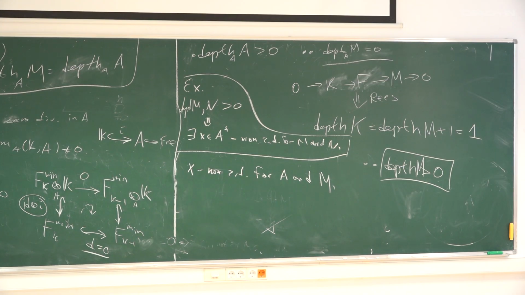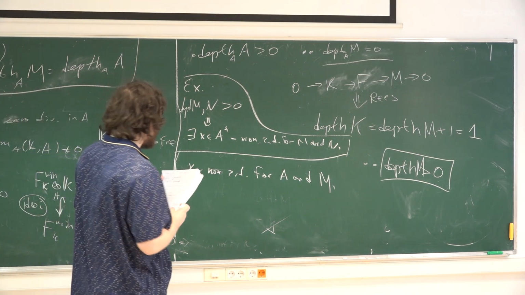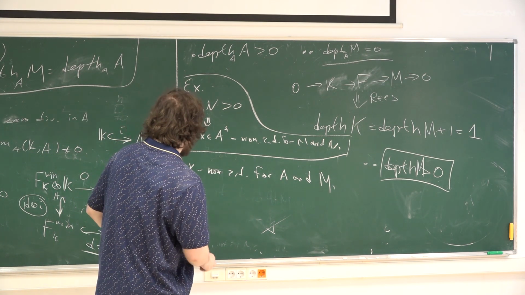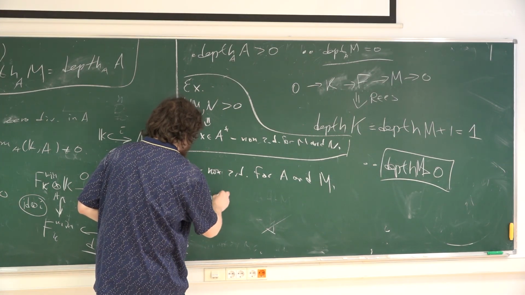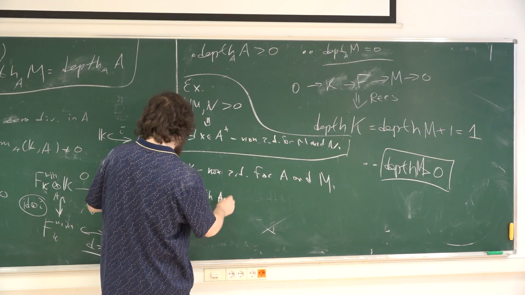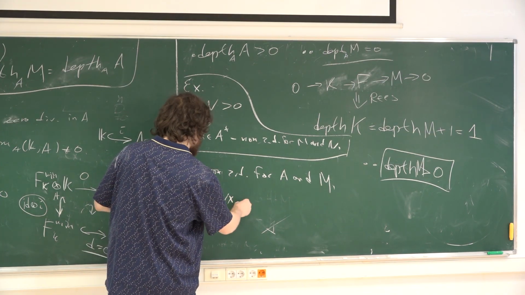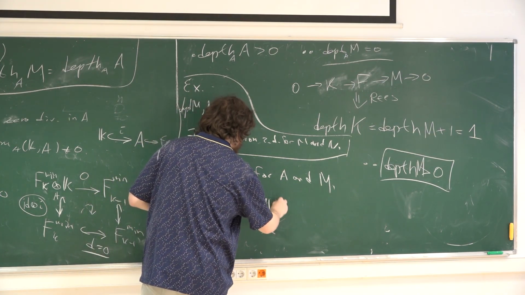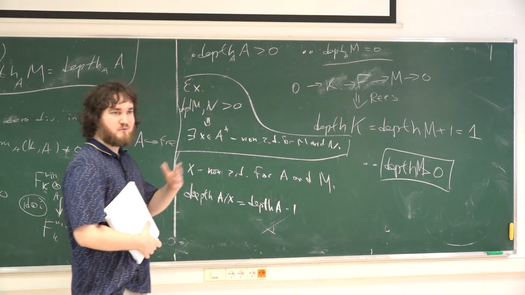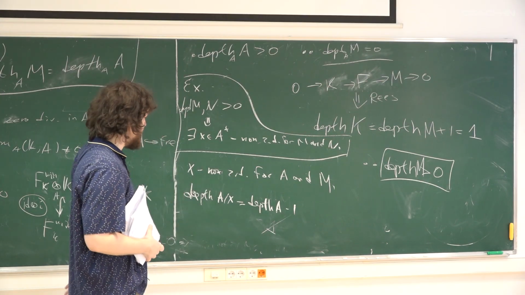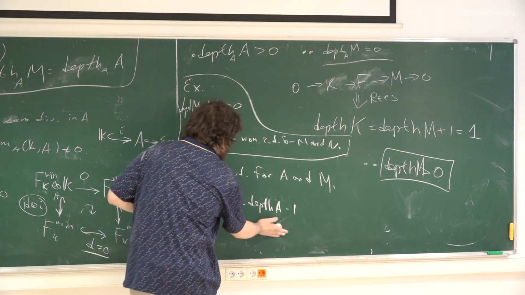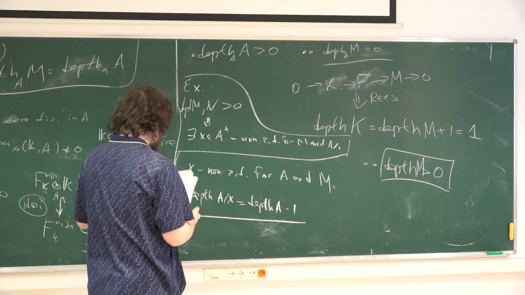Then I can consider the quotient by x. Depth of A modulo x is of course depth of A minus 1. It's obvious: if you have a maximal regular sequence here, you can add 1 again, and vice versa.